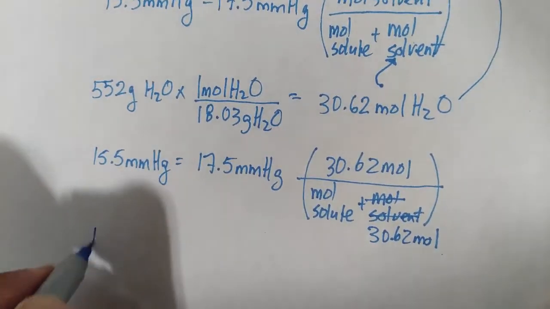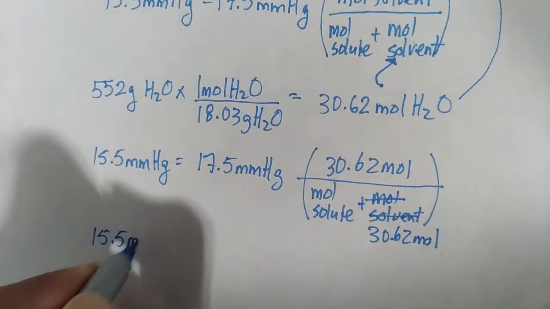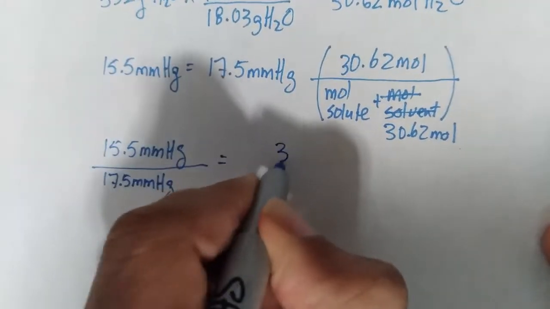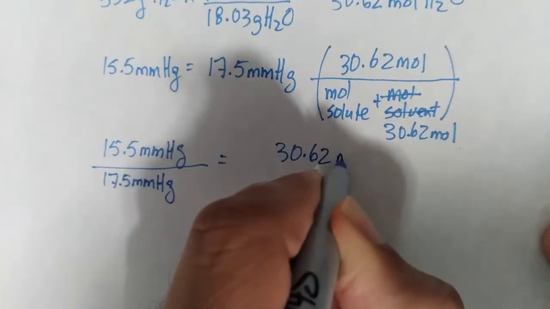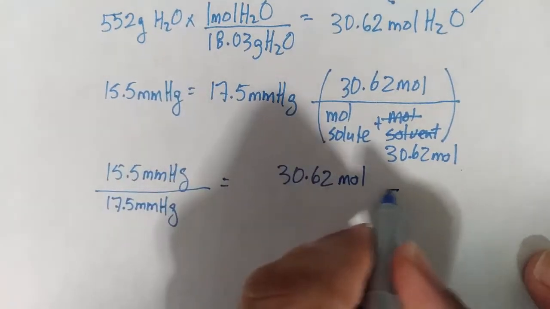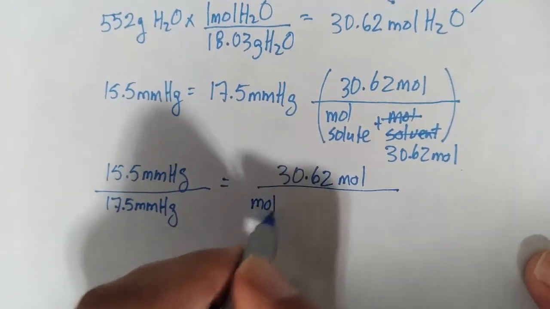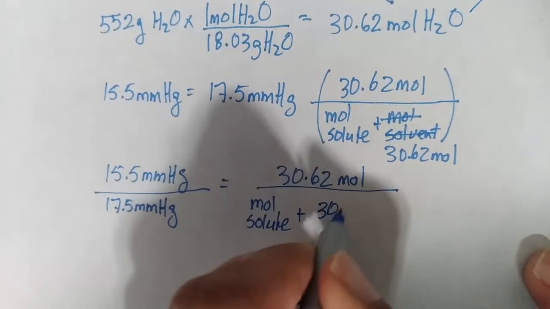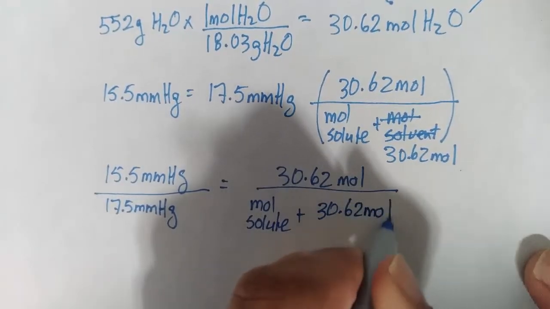So 15.5 millimeters of mercury divided by 17.5 millimeters of mercury has to equal 30.62 moles, which is our moles of water, the solvent, divided by the moles of solute, which is what we're trying to solve for, plus 30.62 moles of water.